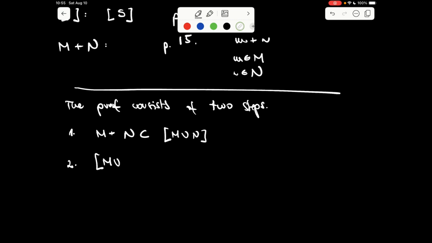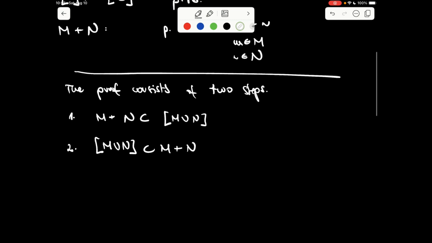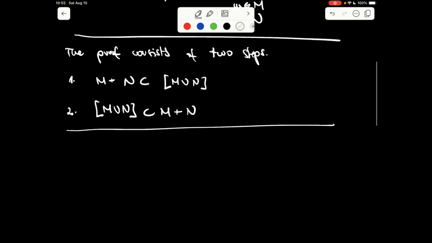The subspace generated by M union N is a subset of M plus N, the sum of M and N. So let's proceed step by step.